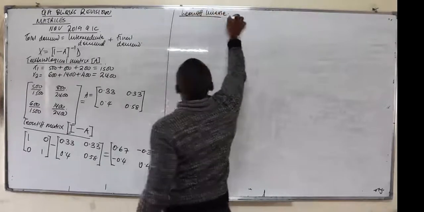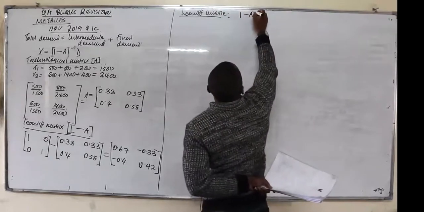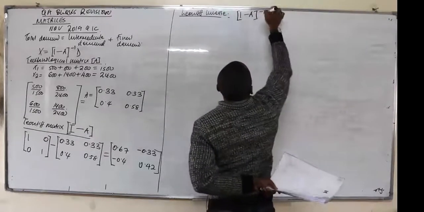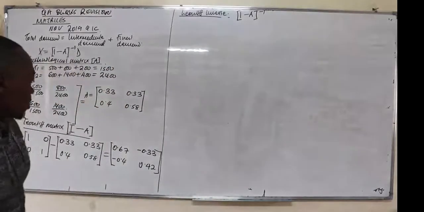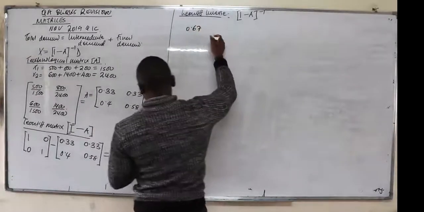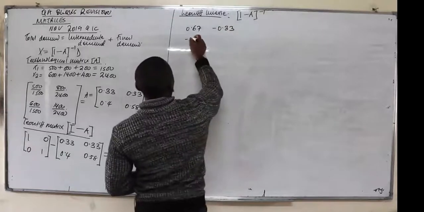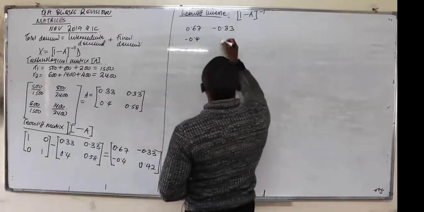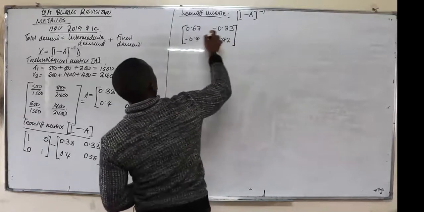So for the relative inverse, you just take the identity matrix minus A, then you get the inverse, of which we had that. Our technological coefficient in that case is 0.67. Then we have negative 0.33, 0.4, we have 0.42. We get the inverse.